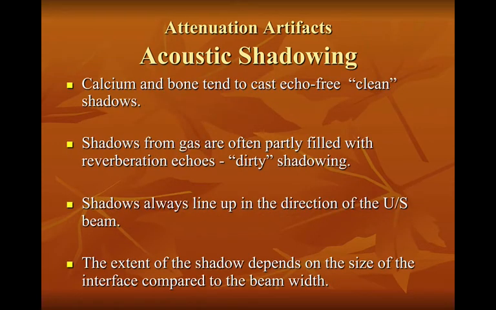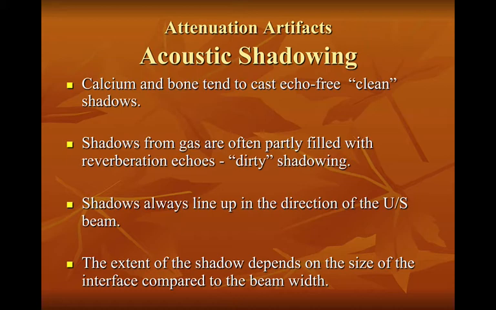Now, calcium and bone tend to cast echo-free clean shadows, or black shadows, whereas with shadows from gas, you still can't interpret anything deep to them, but they're often partly filled with reverberation echoes. So instead of a dark shadow, you get a dirty grey shadow behind gas.